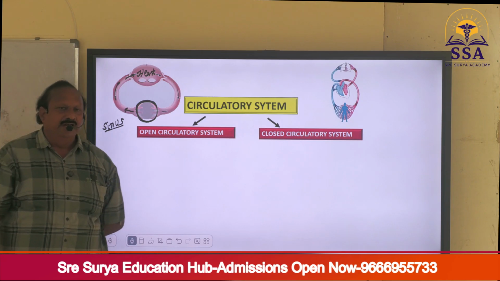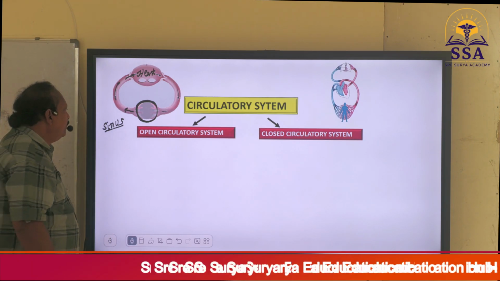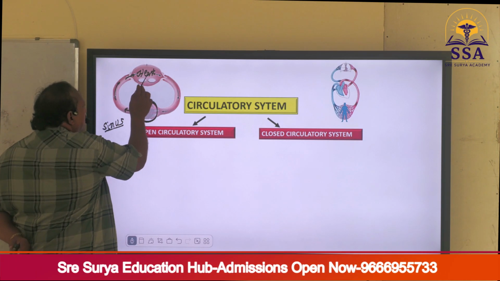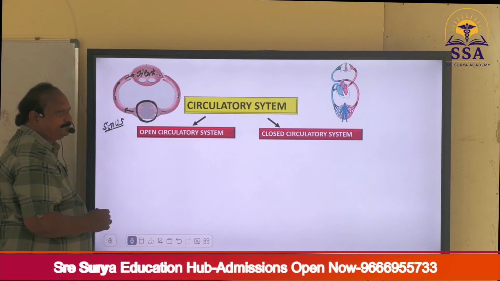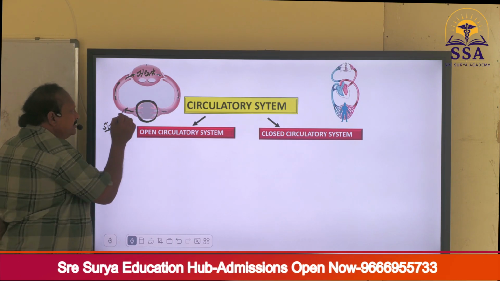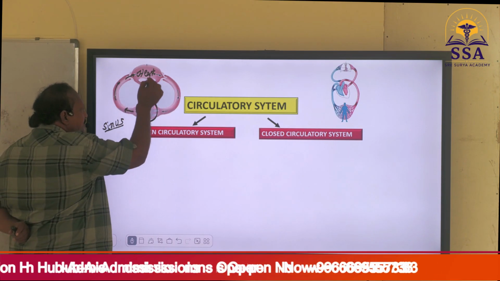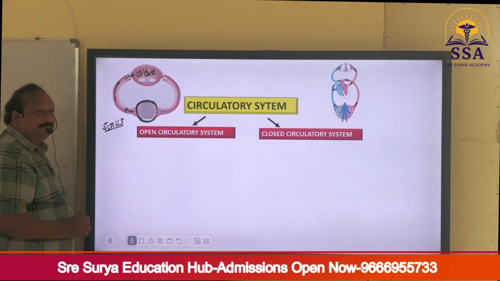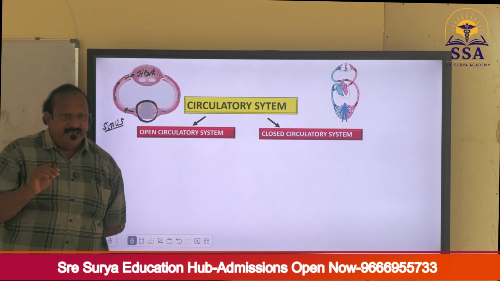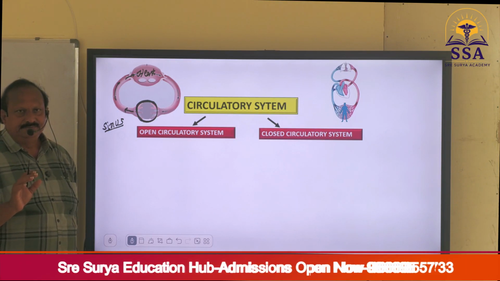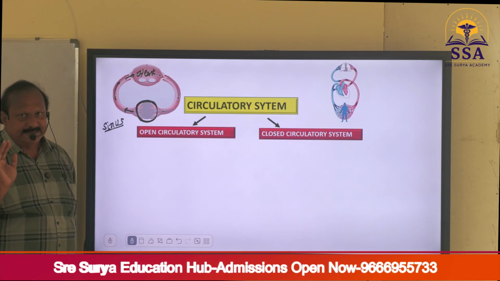Now listen to me carefully. From the heart, blood is pumped to the sinus, and from the sinus, blood returns to the heart. That means in the open circulatory system, there are blood vessels but no capillaries.